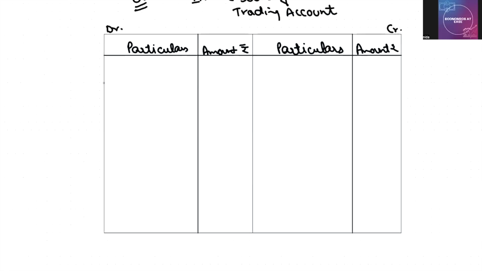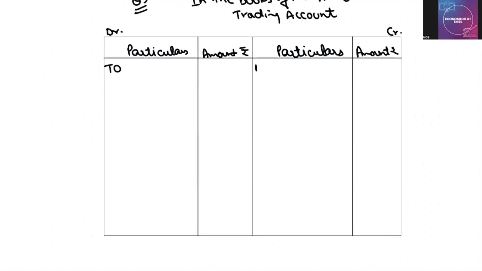Then always write To here and By. Okay. So this is the beginning of the trading account.